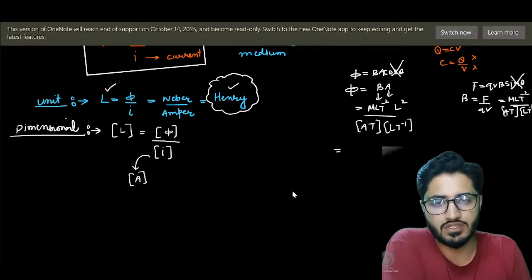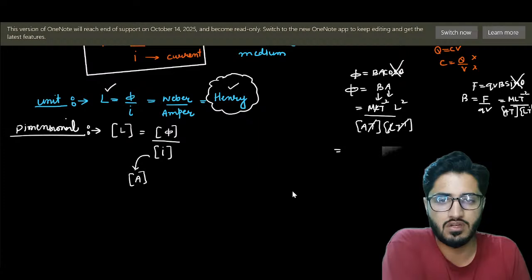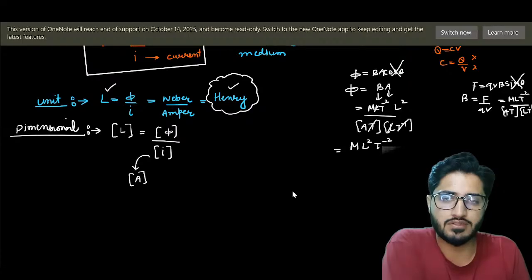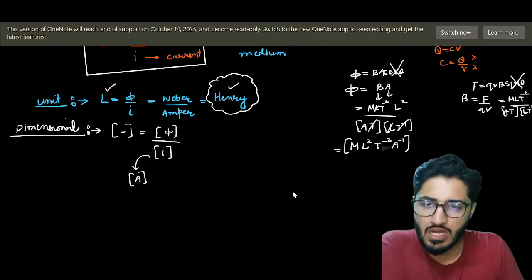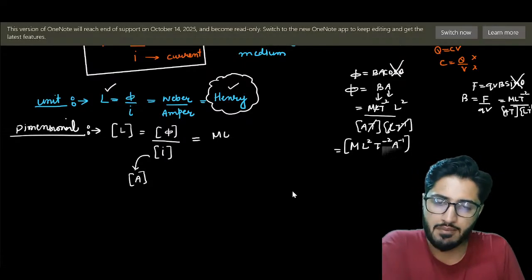Now this T cancels out, this L cancels out. So what do I have now? I have M, then L2T minus 2, that is, MT minus 2 A minus 1. Now flux is ML2T minus 2 A minus 1, whole divided by A only.